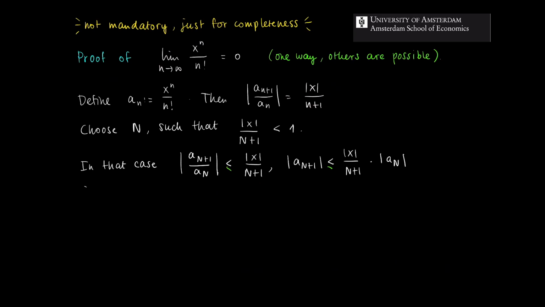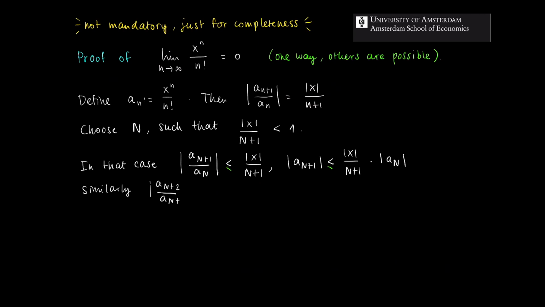Then in a similar way, we are going to look at the fraction a_(N+2) divided by a_(N+1). And this one is smaller than the absolute value of x divided by capital N plus 1.